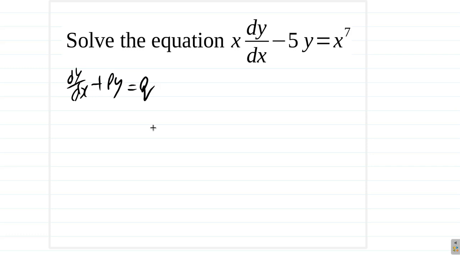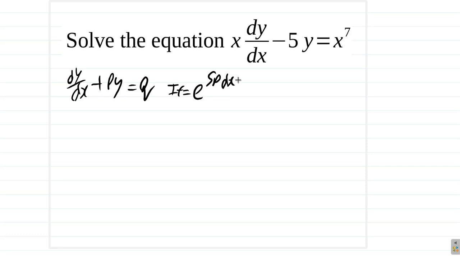And then you remember that here you multiply it by the integrating factor, which is e to the integral of p dx.